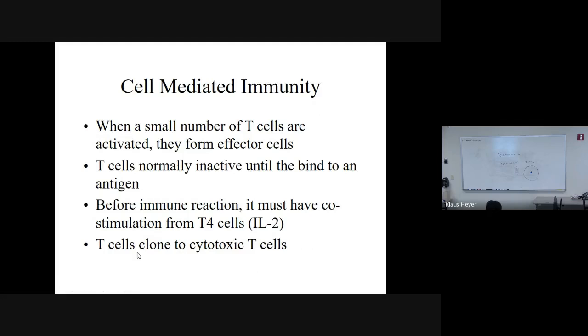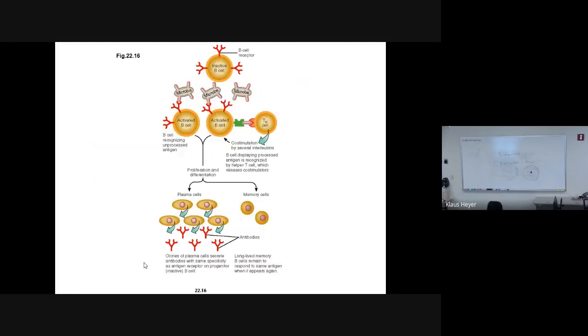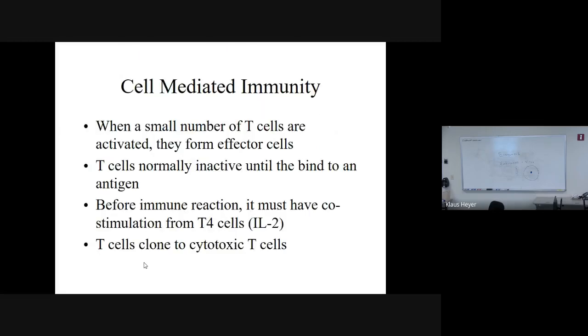So you get millions and millions of cytotoxic T cells. These cytotoxic T cells are going to use the same tools as natural killer cells. So I use these different words. I'll use cytotoxic T cells. So T8 cells, once they get the stimulation, they start cloning into cytotoxic T cells.